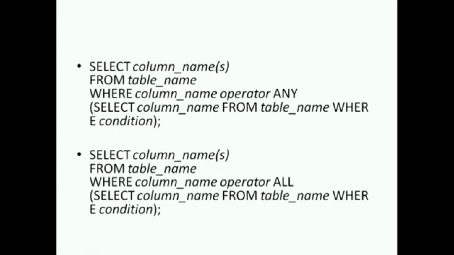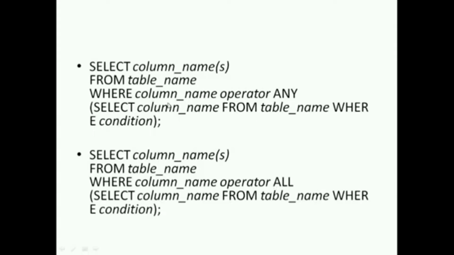No, so 1 will not be there in the list. Then it will check with 2, whether 2 is greater than 1, yes, but 2 is not greater than 3, not greater than 5, so it will not get executed. So the value has to be greater than all of the values inside the list, so it has to hold for all the values. I hope you got this point.